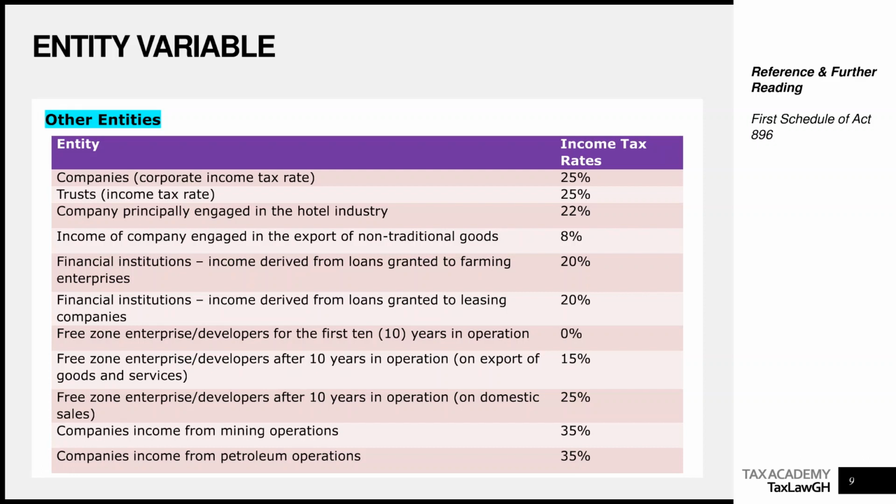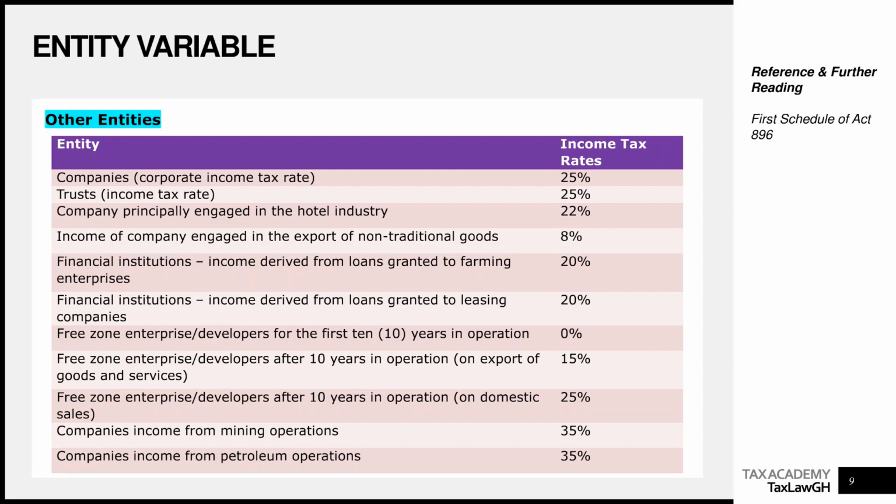You can see they are both companies, but under the entity variable, one being a hotel is now paying a lower tax rate as compared to the other. If a company is engaged in the export of non-traditional goods, then their rate drops to 8%.